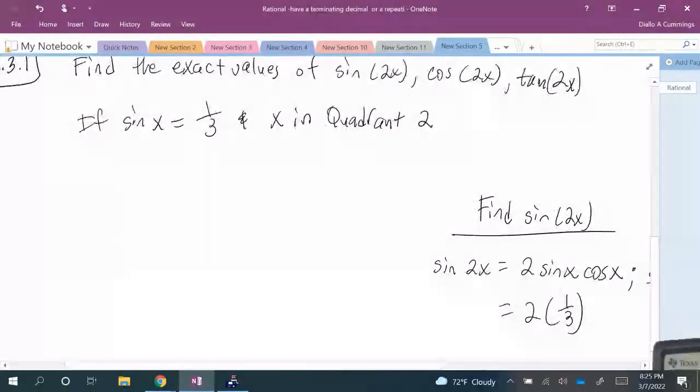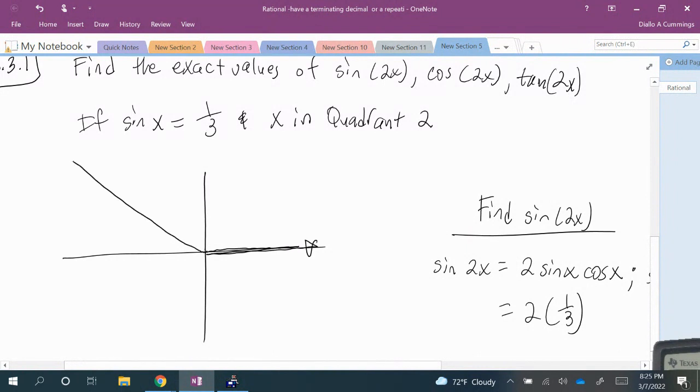We're going to do what's called a triangle sketch, and we're just going to sketch out this angle x. We're given the sine of x is 1/3, and we're given that x is in the second quadrant. So I'm going to sketch out an angle. Keep in mind that all of our angles start along the positive x-axis.